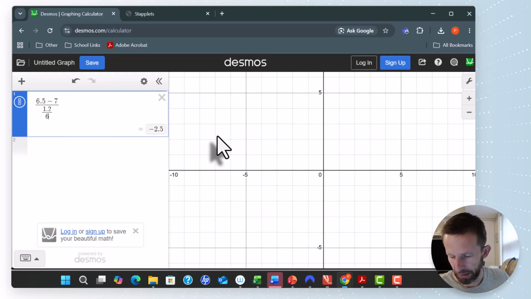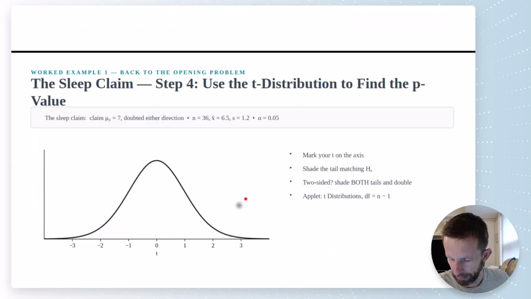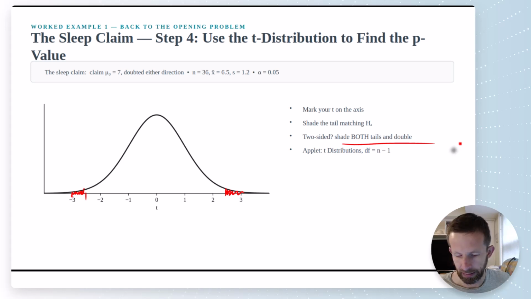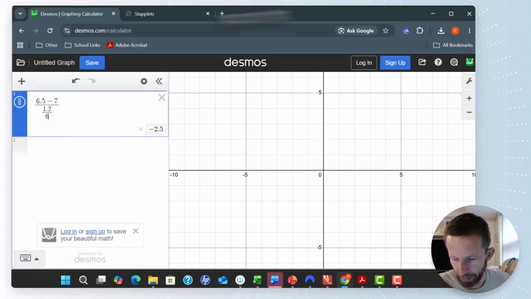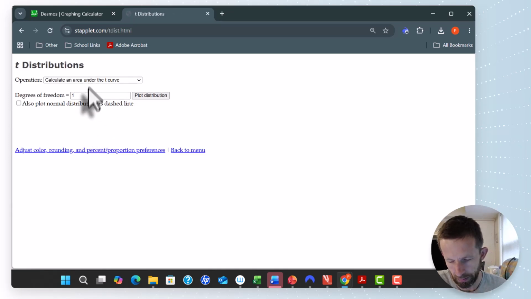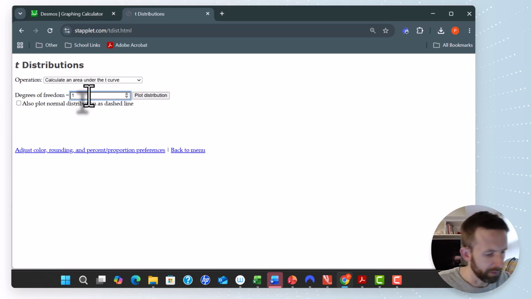So let's find our p-value. Jump the gun a little bit. All right, so negative 2.5 is right here. Since my alternate is two-sided, I want to shade the area to the left of negative 2.5 and to the right of 2.5. So shade both tails and find it. I'm going to go to Statlet, t-distribution with 35 degrees of freedom because my sample size was 36.